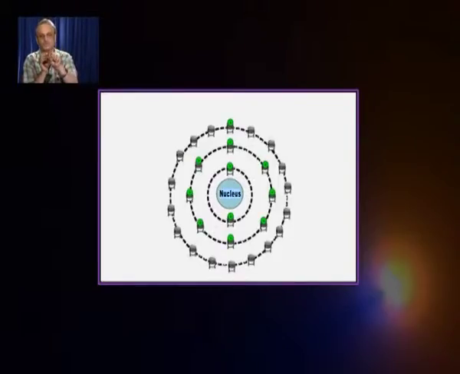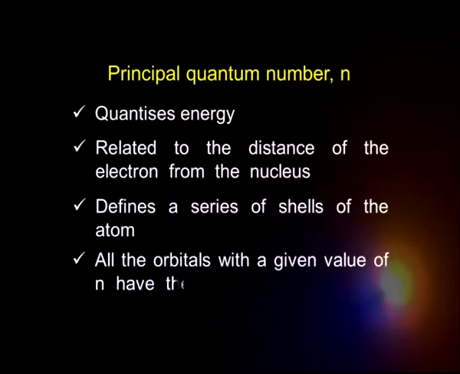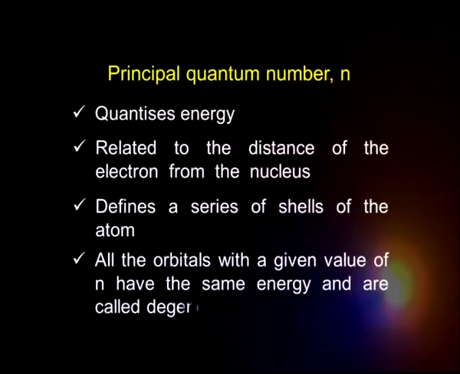So in an atom, we have a nucleus, there are different shells, and these shells are defined by the principal quantum number. So n equal to 3 means I am talking about the third shell outside the nucleus. And all the subshells, which we will come to when we talk about the quantum number L, will have the same energy, and they are called degenerate.